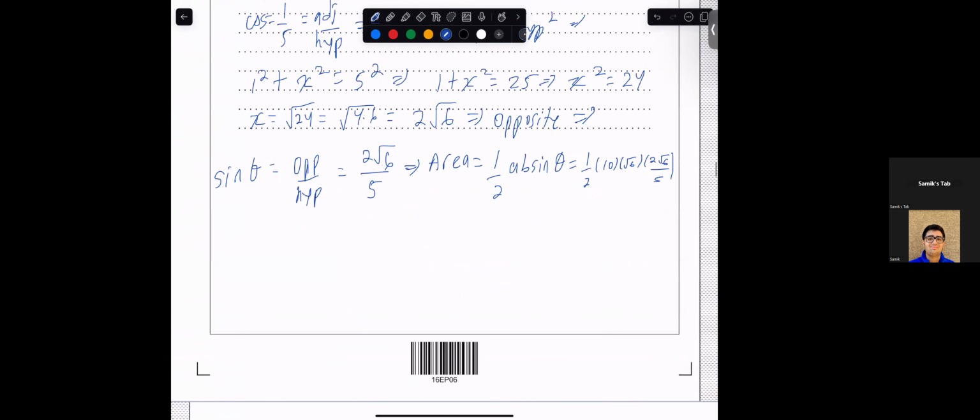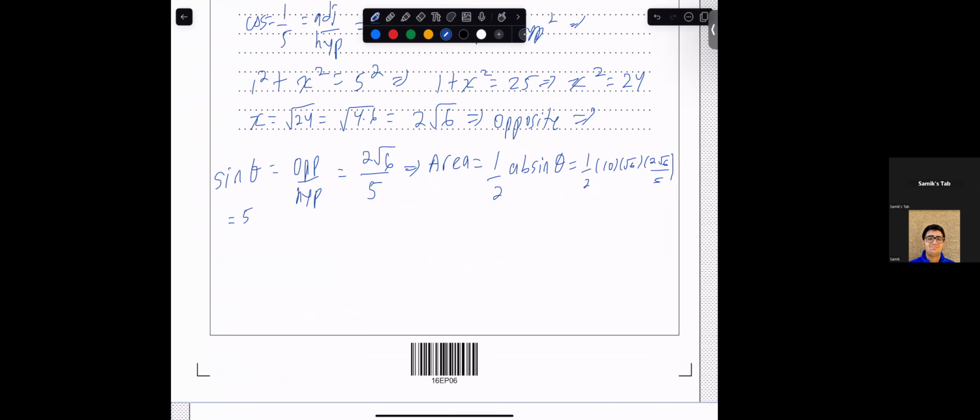Now what does this give us? We have 5 into square root 6 into 2 square root 6 upon 5. You can cancel these two 5s. Square root 6 into 2 square root 6 is equal to 2 into square root 36, which is equal to 2 into 6, which is equal to 12 centimeters squared. So that is our answer for this question.